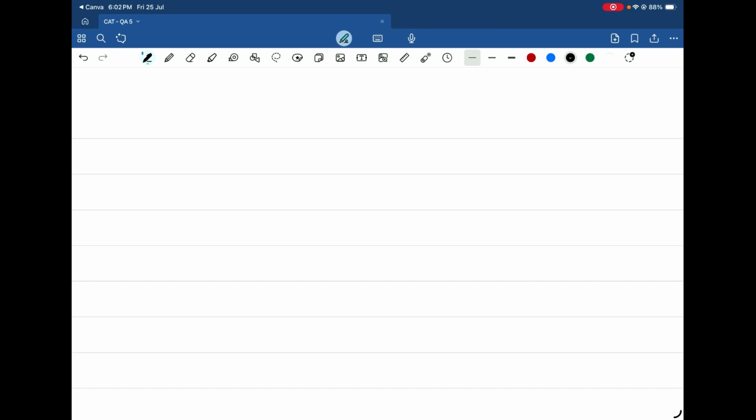Now, for 77 to the power of 77, first let us analyze 77. Afterwards we will go to the power of n. What is 77? 77 is equal to 25 into 3 plus 2. Do you agree? Or 77 can be 78 minus 1.